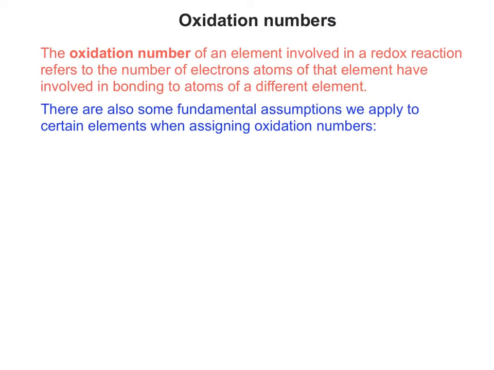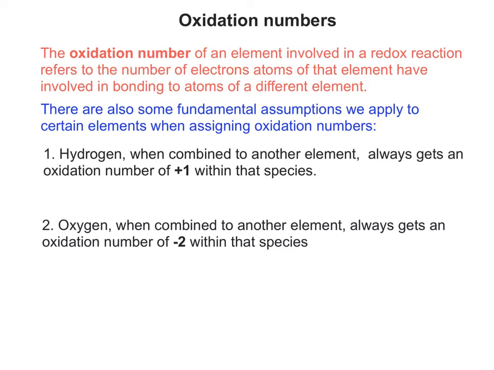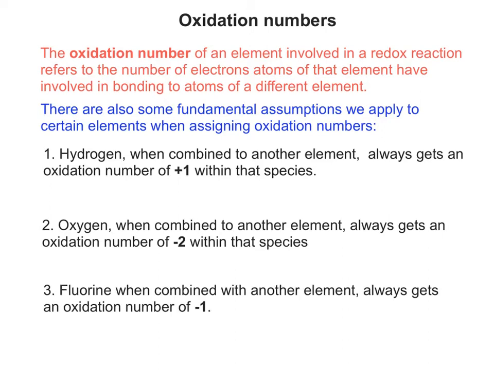There are also some fundamental assumptions we apply to certain elements when we assign oxidation numbers. Hydrogen, when it's combined with another element, always gets an oxidation number of +1 within that species. Oxygen in the same situation gets an oxidation number of -2. And fluorine, when combined with another element, always gets an oxidation number of -1.